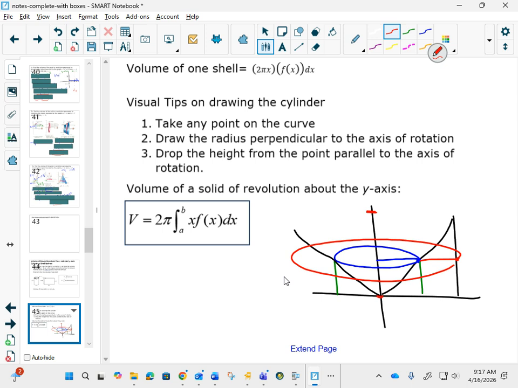And all of our equations would have to be x equals to do the washer method rotating this way. For the cylinders, we're starting with our paper thin cylinder starting here and going this way up until we get to this point. With the cylinders, our height is this green line, which is y equals, and you wouldn't have to rearrange the equation.